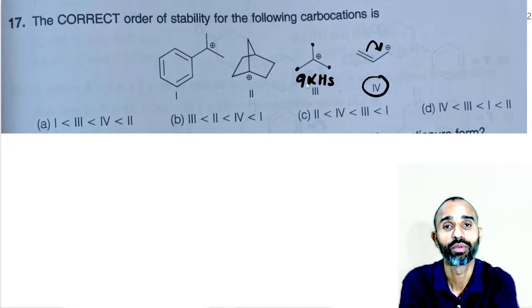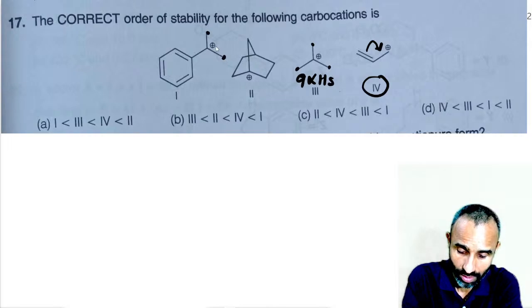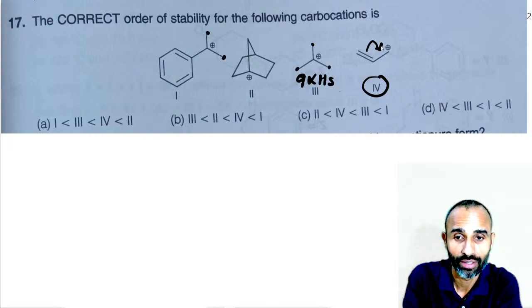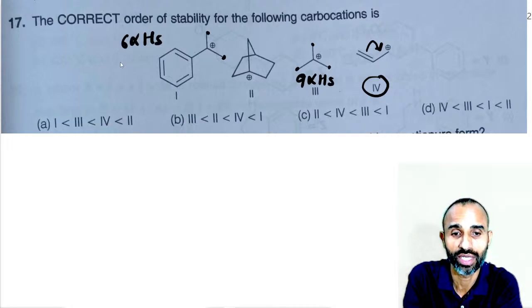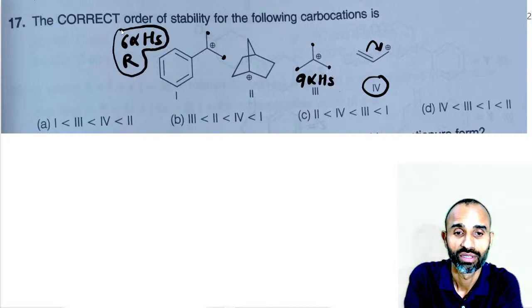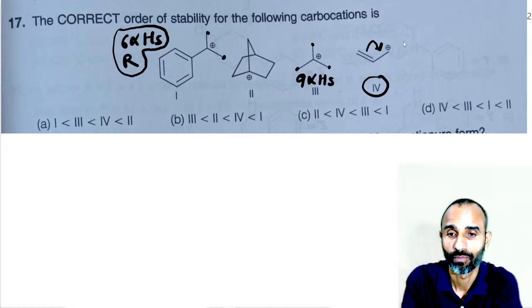It is stabilized by resonance. In this case, this carbocation is secondary and it is stabilized by hyperconjugation because 6 alpha hydrogens are there, as well as resonance. It is stabilized by resonance only.